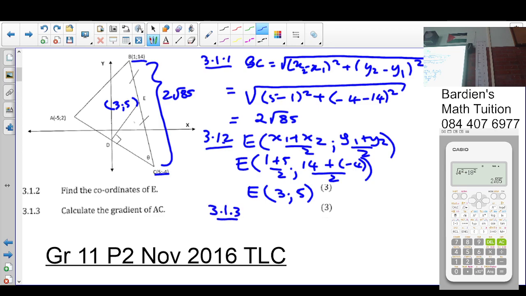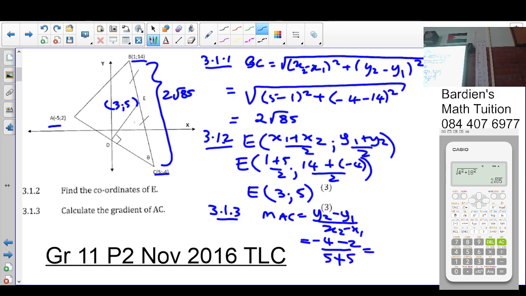3.1.3. The gradient of AC. So how do you work out gradient? Change in y over change in x. So y2 minus y1 over x2 minus x1. AC, so I'm going to say minus 4 minus 2 over 5 minus 5.